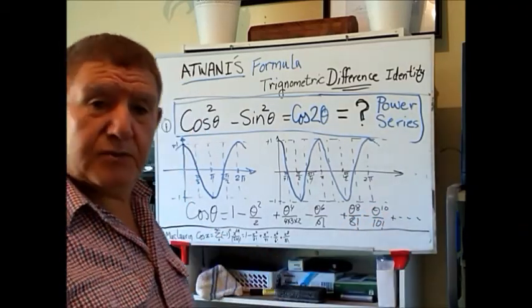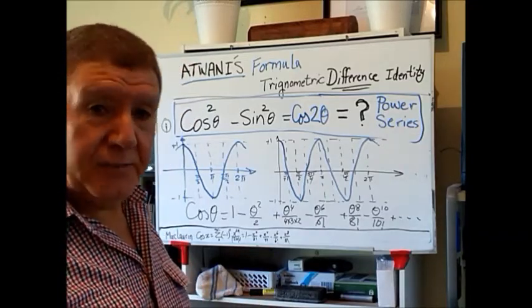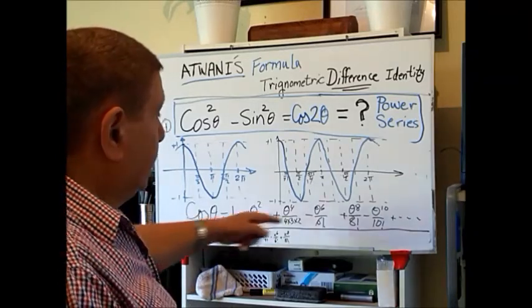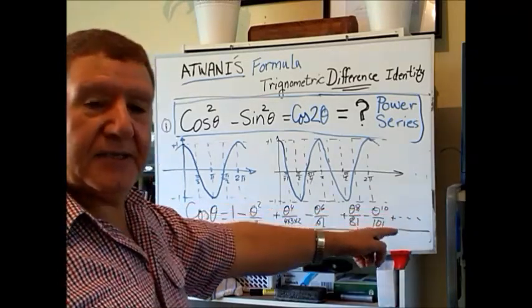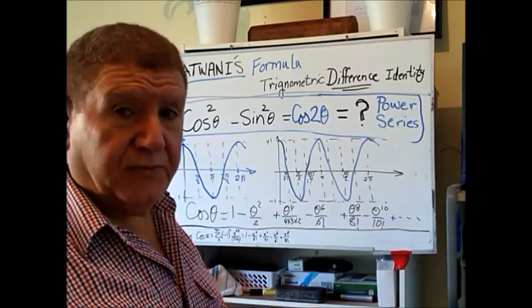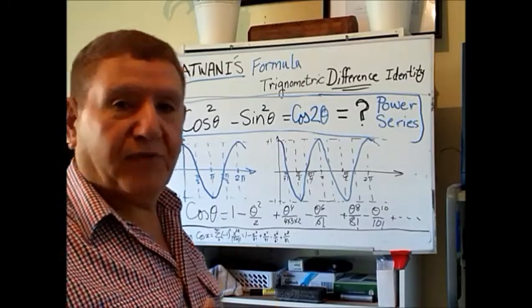This gives you closer and closer approximation to the trigonometric expression as the number n, let's call it, the number of terms, becomes bigger and bigger and closer to infinity. So these two functions become equivalent.